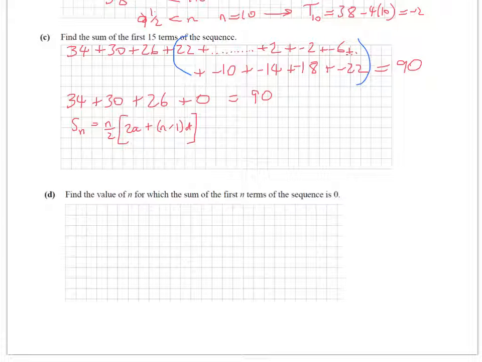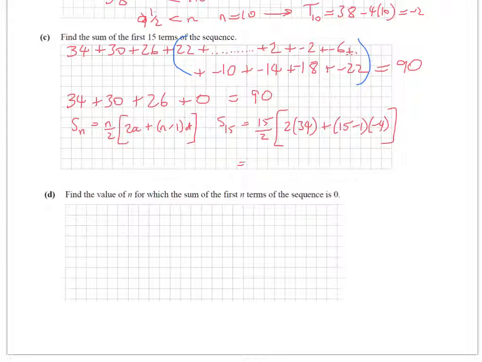So using that formula, n is the number of terms, A is the first term, which we worked out as being 34, and d is the common difference, which we've realised hopefully is minus 4 each time. So when we work out S15, it's basically a case of working out the following sum. 15 divided by 2, 2 lots of 34, plus 15 minus 1 lots of minus 4.